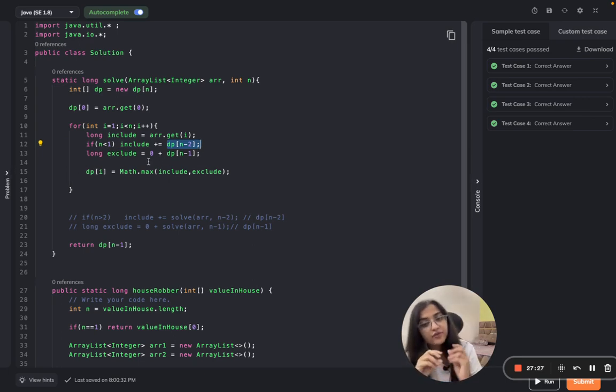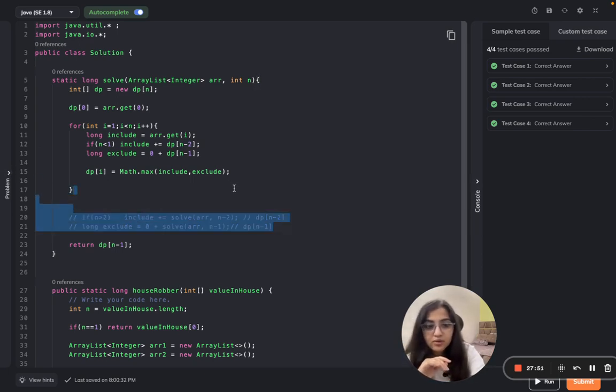Every subproblem we store, so we do not need to resolve it again and again. So this will solve our time complexity. Using dynamic programming, the time complexity is O(n), and the space complexity is also O(n), while in the recursive approach it is 2 to the power n, which is a huge difference. That's why it was giving the TLE, right? So I'll just remove this code.